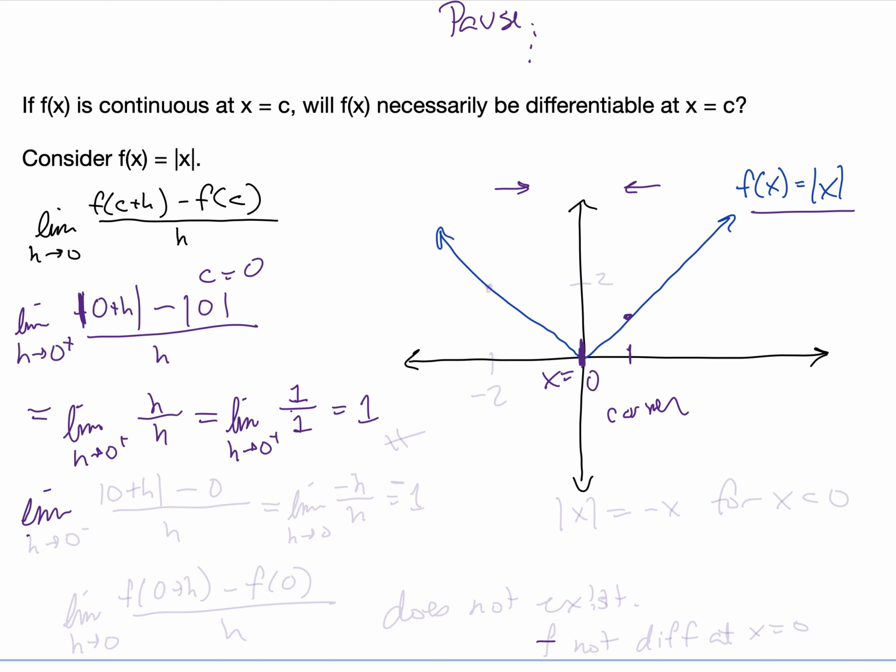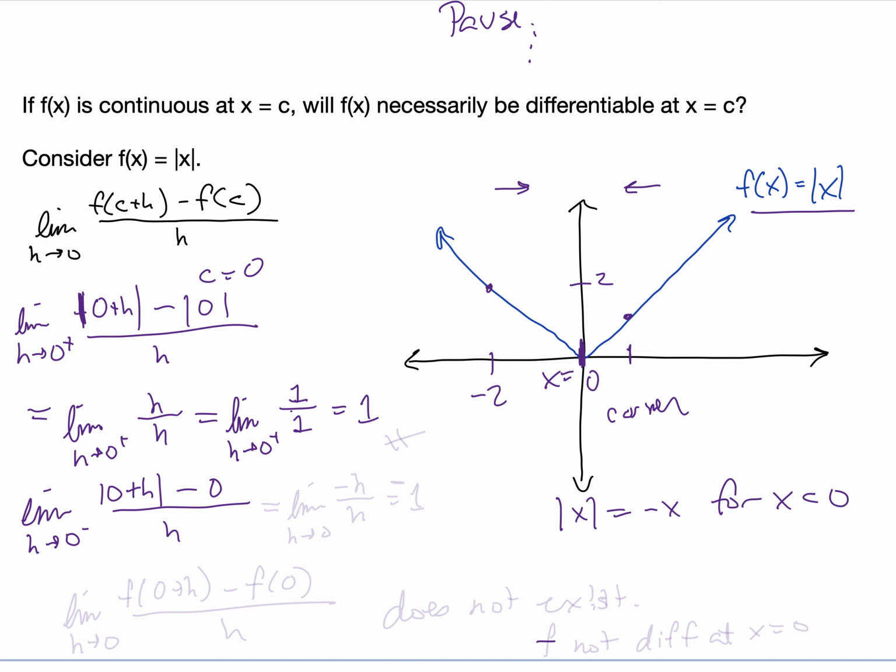Now what about the left-hand limit? So limit as h goes to 0 from the left. So that's absolute value of 0 plus h minus 0 over h. And what's the absolute value of, something like negative 2? Well, it's positive 2, but the absolute value of x is equal to negative x for x less than 0.